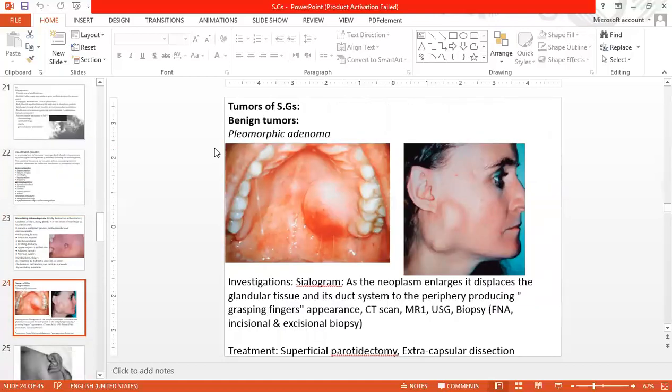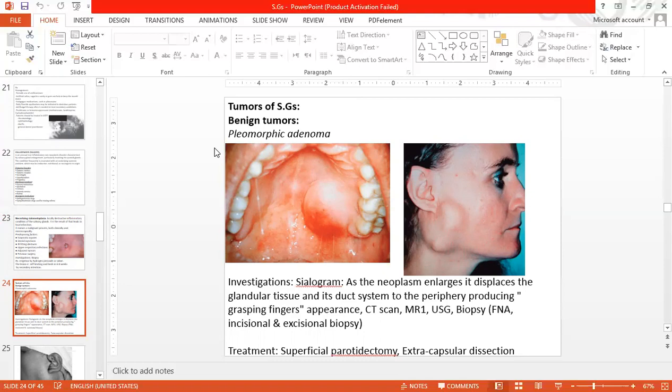For the tumors of the salivary gland, we have either benign or malignant ones. The most common benign tumor of the salivary gland, affecting either the parotid or minor salivary glands, is the pleomorphic adenoma. In this neoplasm, the gland will enlarge, displacing the glandular tissue and producing what we call a grasping finger appearance.